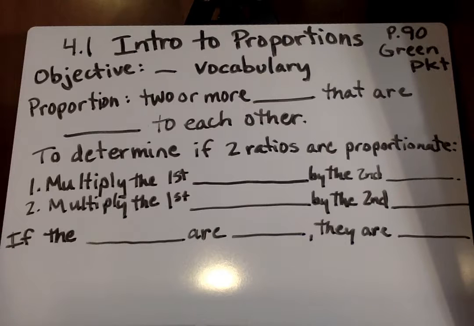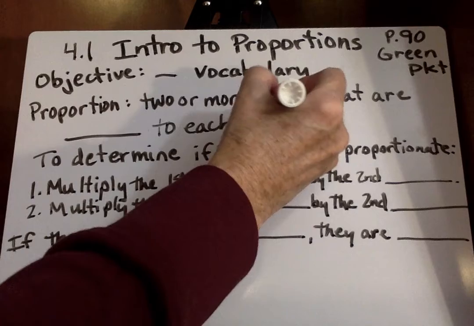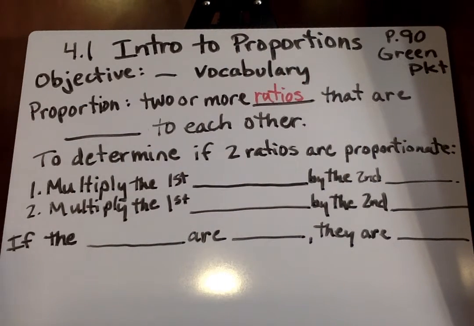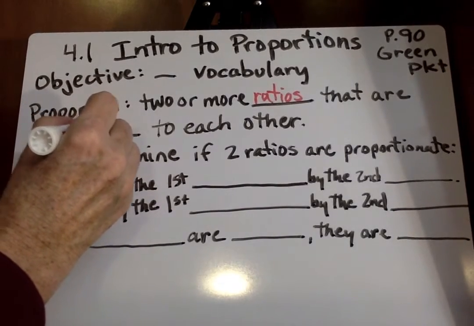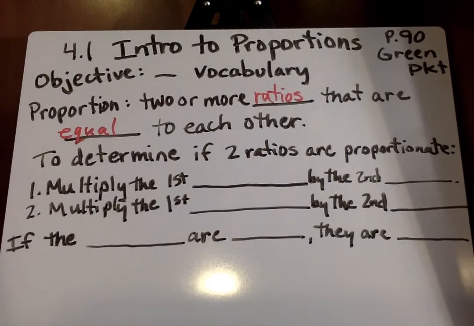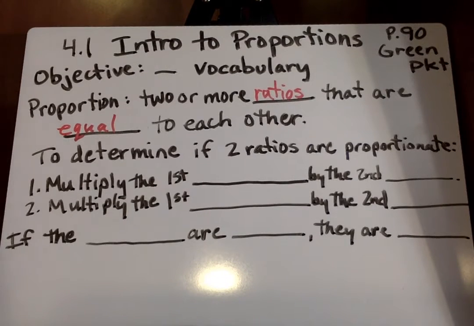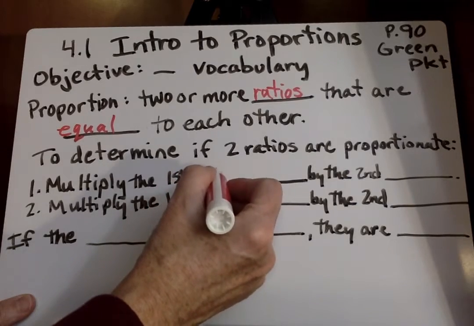Our vocabulary is a proportion: two or more ratios, like ratios can be considered fractions, that are equal to each other. To determine if two ratios are proportionate, or to see if two fractions are equal, we multiply the first numerator. Do you remember what numerator was?